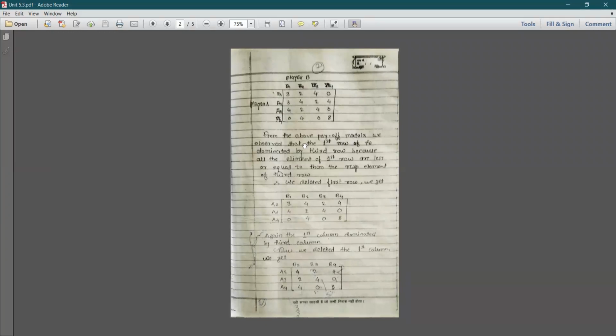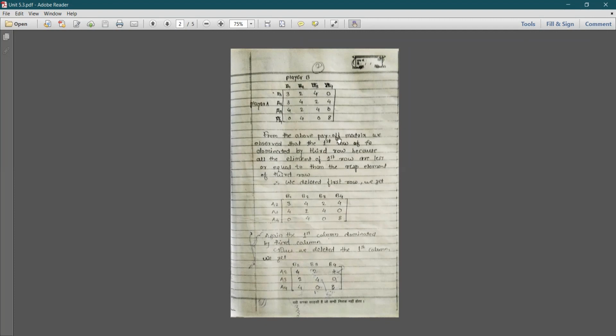Then from the above pair of matrix, we observe that the first row is dominated by third row because first row के एलिमेंट क्या है 3 2 4 0 और थर्ड रो के एलिमेंट है 4 2 4 0. फर्स्ट रो के एलिमेंट थर्ड रो से कम है और इक्वल टू है, तो 4 से 3 स्मॉल है, 2 2 इक्वल है, 4 से 4 इक्वल है और 0 0 इक्वल है.